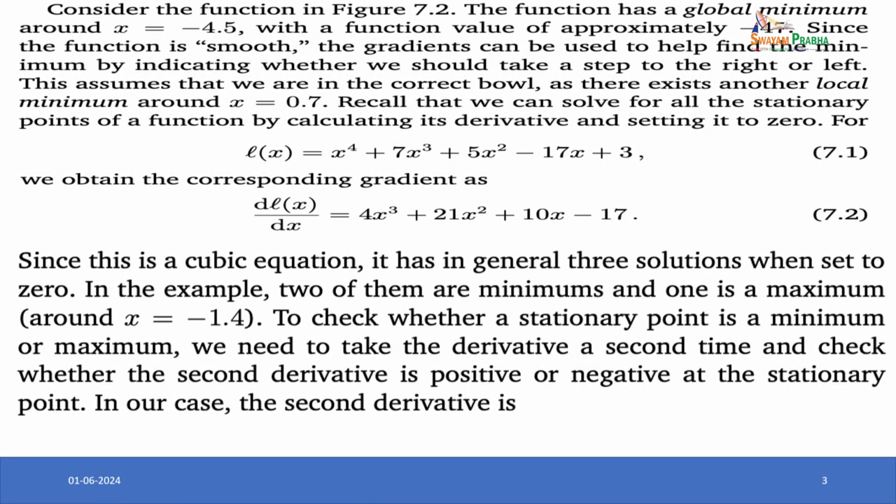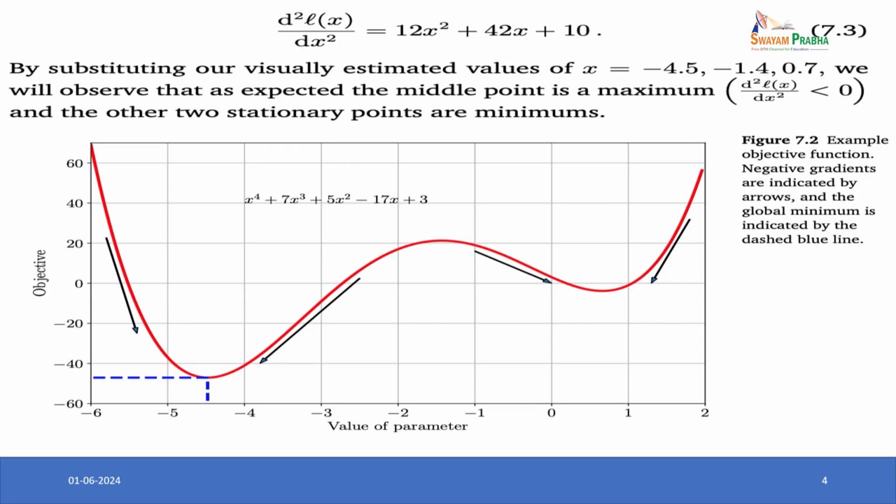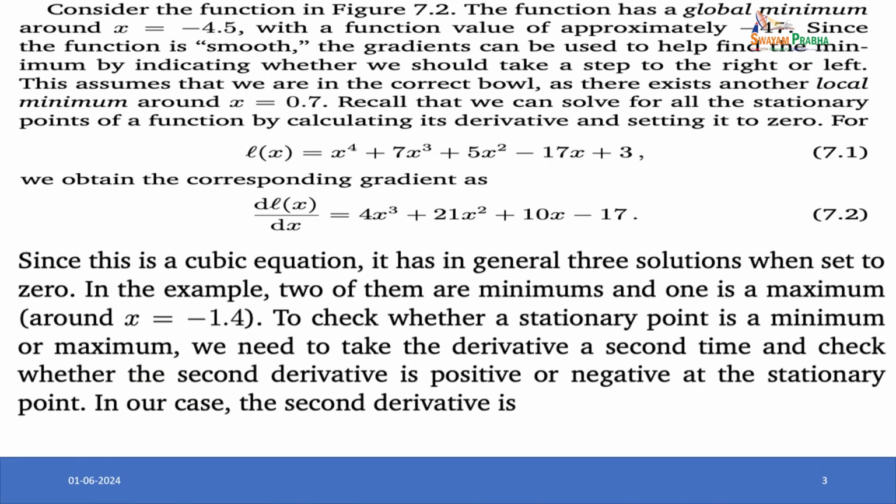Now, consider the function, this one is the objective function, L of x equal to x power 4 plus 7x cube plus 5x square minus 17x plus 3, and this function has a global minimum around x equal to minus 4.5 with the function value approximately minus 47.